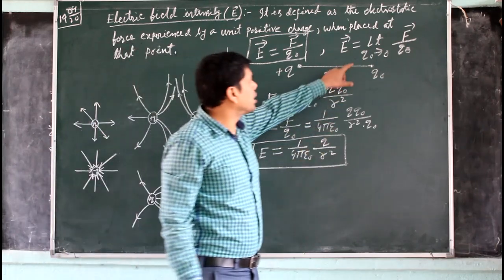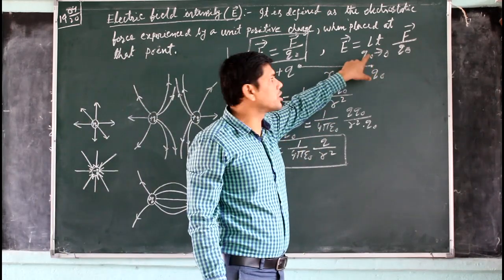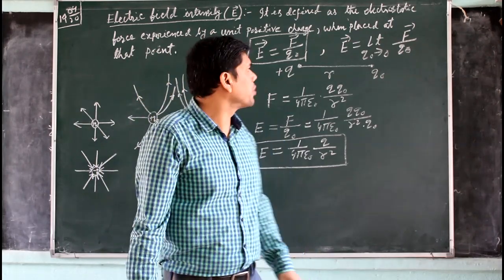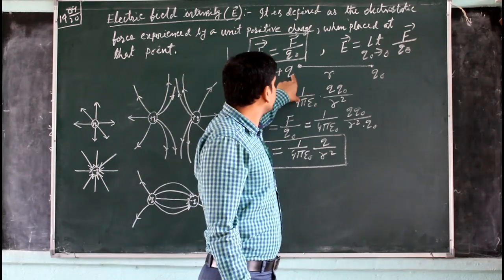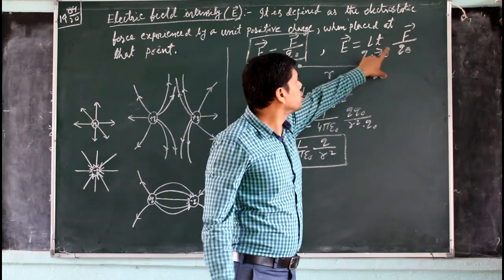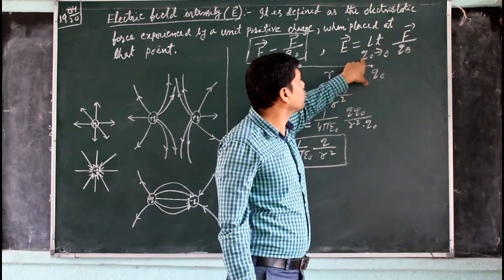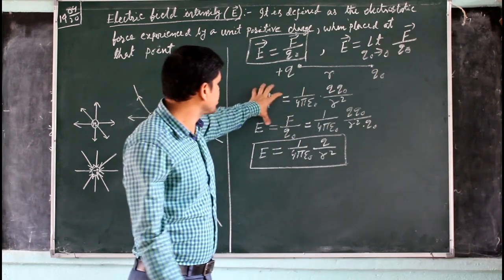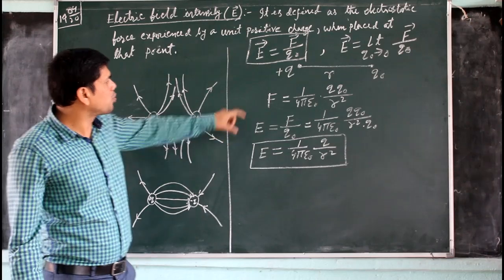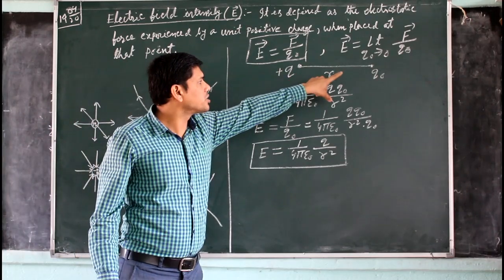Here Q naught tends to 0 means Q naught is a test charge and it should be very small compared to the source charge plus Q. That's why we are using this form, limit Q naught tends to 0.